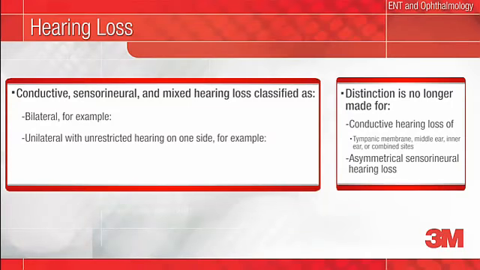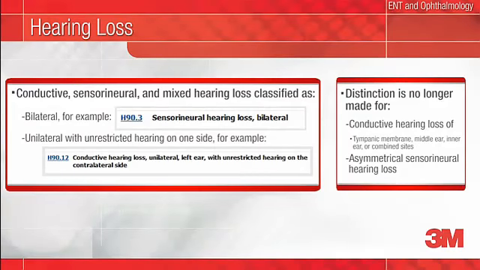Nor is there a designation in ICD-10 for asymmetrical sensorineural hearing loss. On screen are two examples of codes illustrating bilateral sensorineural hearing loss and unilateral conductive hearing loss of the left ear with normal hearing on the right.